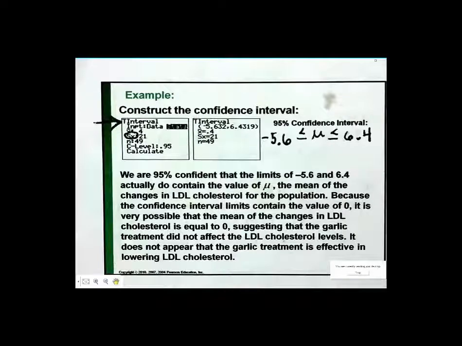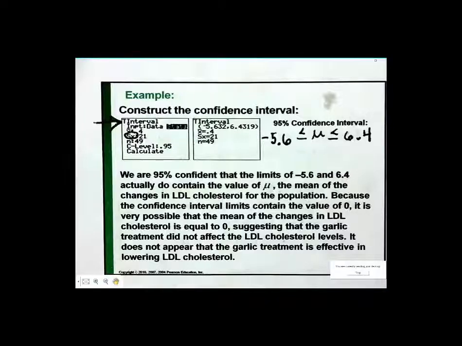Okay, that's a good question. Can you have a negative milligrams of LDL cholesterol in your blood? This is not the amount.